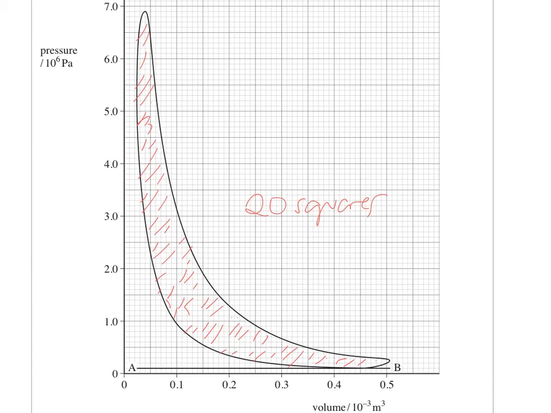Each square represents 0.5 times 10 to the 6 times 0.05 times 10 to the minus 3, which, let me grab my calculator. So 0.5 times 10 to the 6, times 0.05 times 10 to the minus 3. Each square represents 25 joules overall.